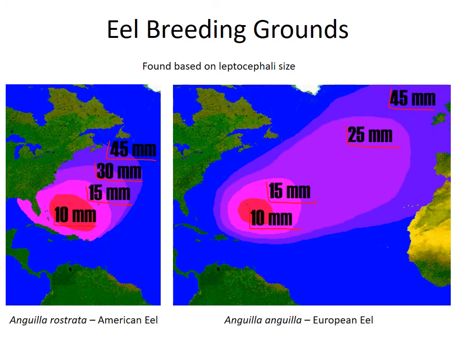And where you found the bigger larvae, that's where they were fanning out, getting ready to go back to the land to have their adult life cycle. So the area of the mid-Atlantic Ocean in the Sargasso Sea for the American eel, and east of Bermuda for the European eel, is the epicenter of their breeding grounds, and that's based on the size of their larvae.